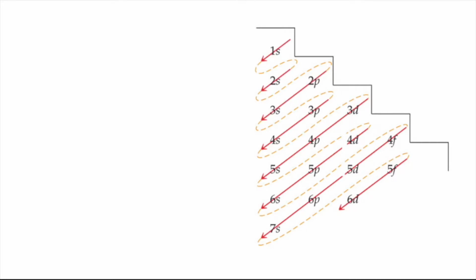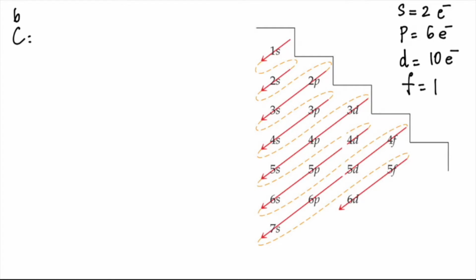Let's see carbon. Based on the periodic table, carbon has atomic number 6. In that case, we start from 1s. We know that S can have 2 electrons, P can have 6 electrons, D can have 10 electrons, and F can have 14 electrons.